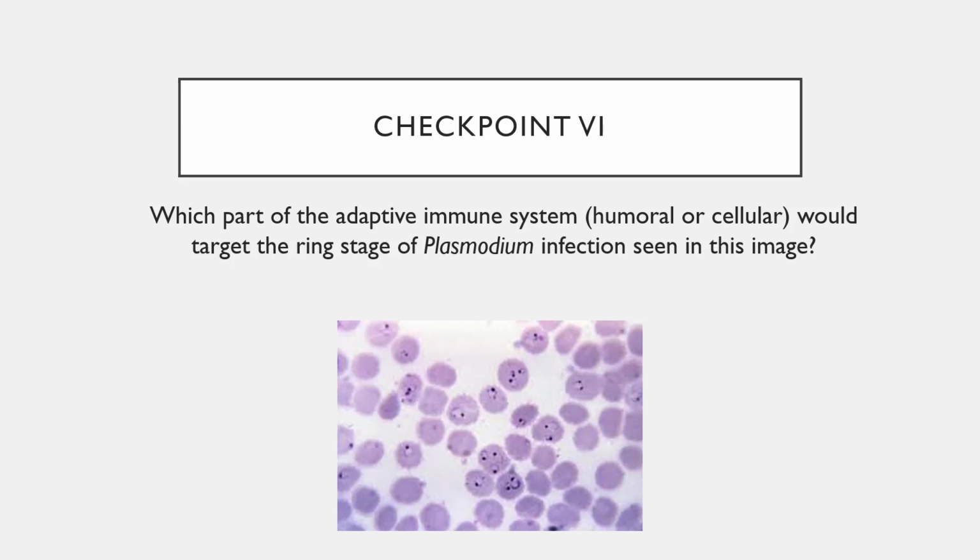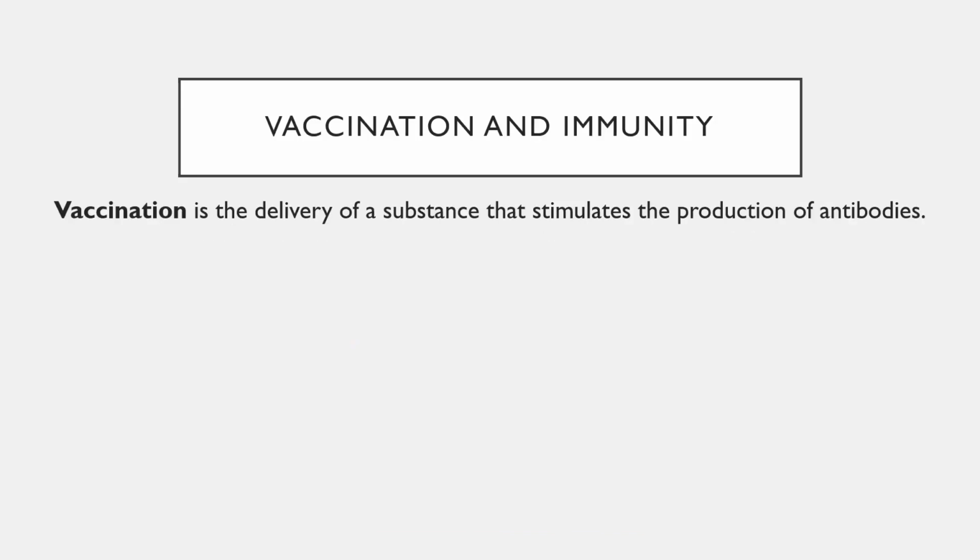So as we saw, artificial active forms of adaptive immunity are acquired through vaccination, which is defined as the delivery of a substance that stimulates the production of antibodies. It is an extremely important way of preventing diseases and has had a massive impact on public health all around the world.